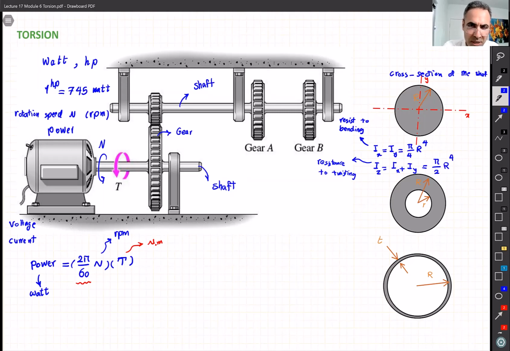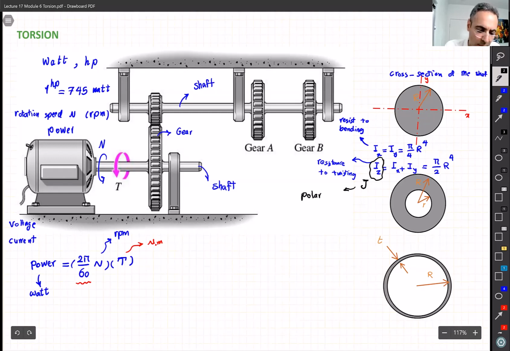And usually, because here we mostly talk about 2D sort of problems, we have X and Y. This I_Z, people show it by J. So that's very common, this I_Z is shown by the letter J. And it is called polar moment of inertia. Let me write it down here. It is called polar moment of inertia.